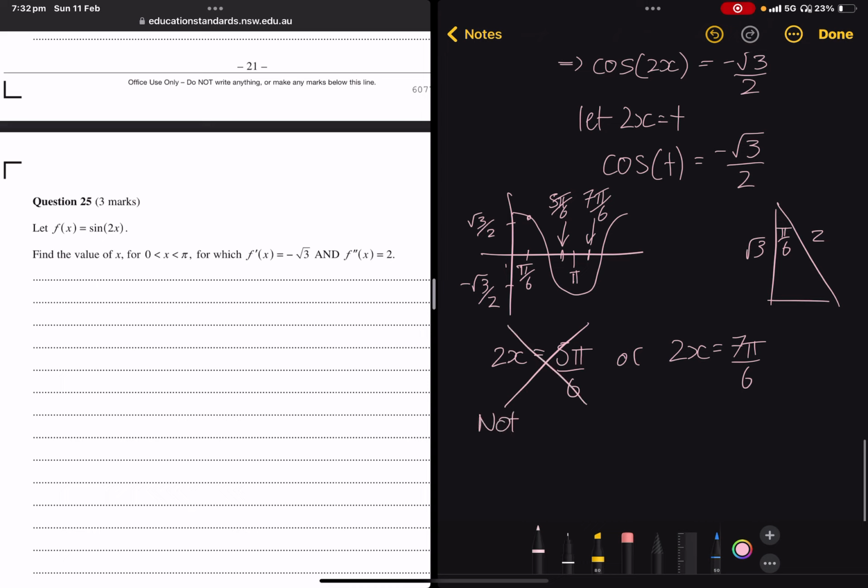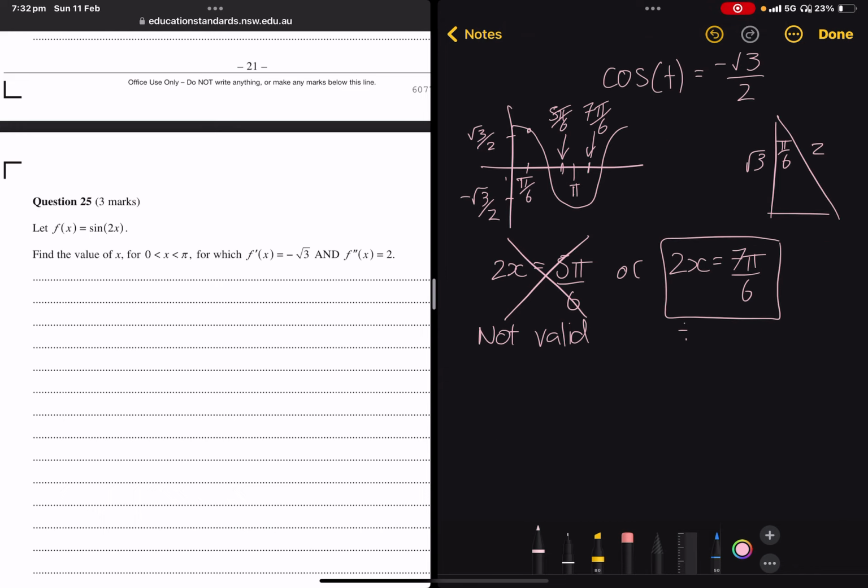We worked this out from looking at our graphs. So this must be our correct solution. Divide both sides by 2, and we find therefore x equals 7 pi on 12 is the solution that we're after. And just to confirm, this value is between 0 and pi. So it satisfies both the derivative and the second derivative. It sits within the bounds. We found it through solution, so this is definitely our answer.